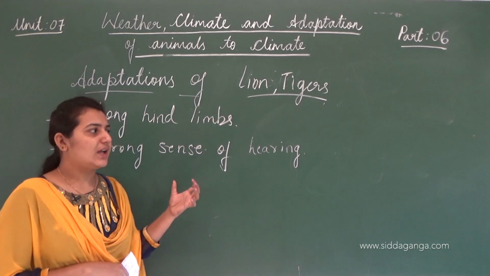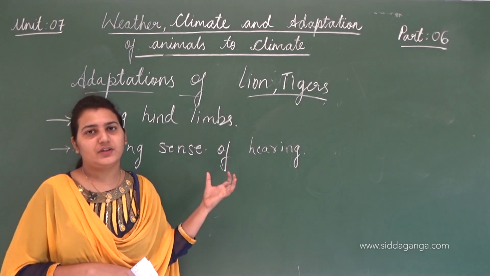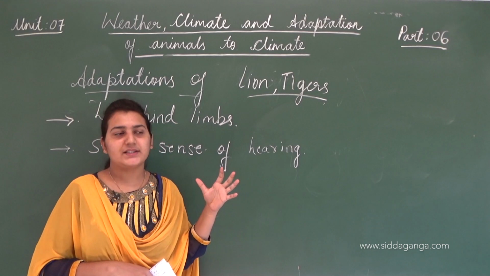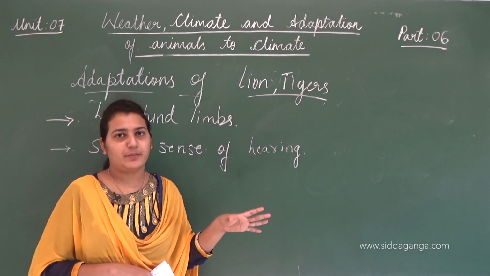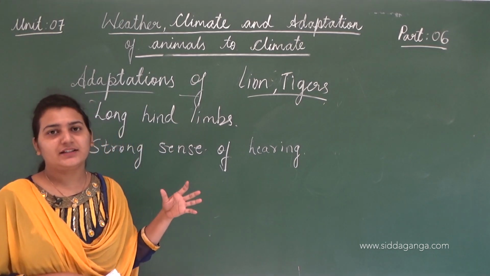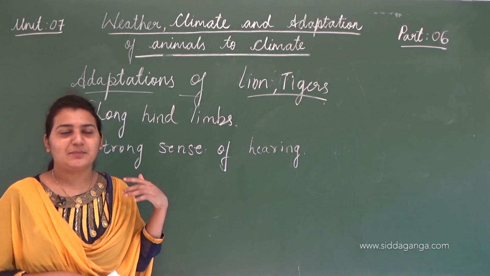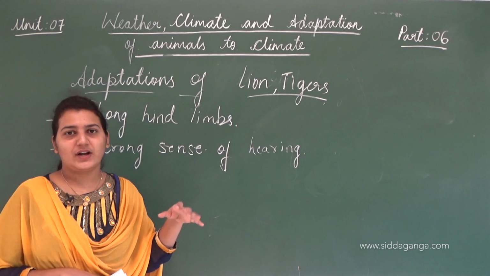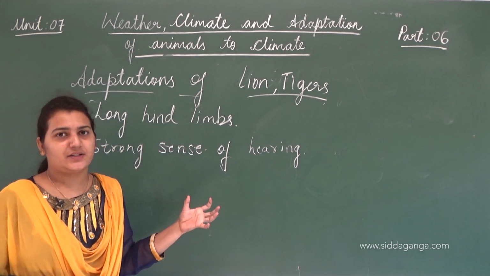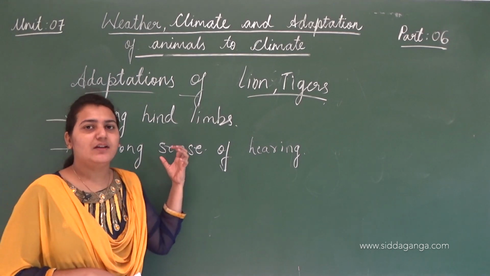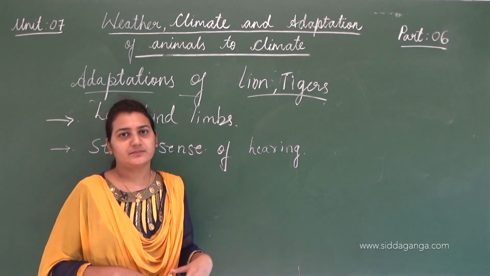Because they have a very strong sense of hearing, even a simple sound lets them know that their prey is here. Then they plan, walk slowly, and grab them. We all know about this character. That is because they have a very strong sense of hearing.